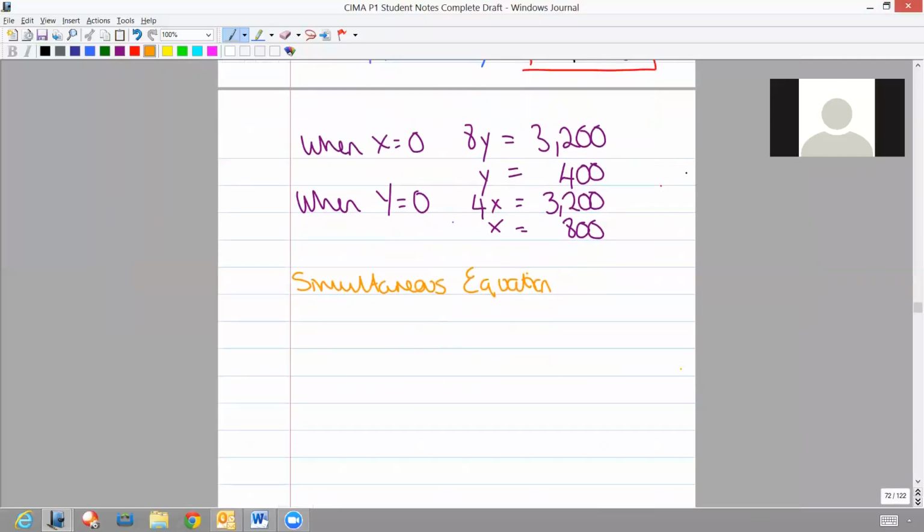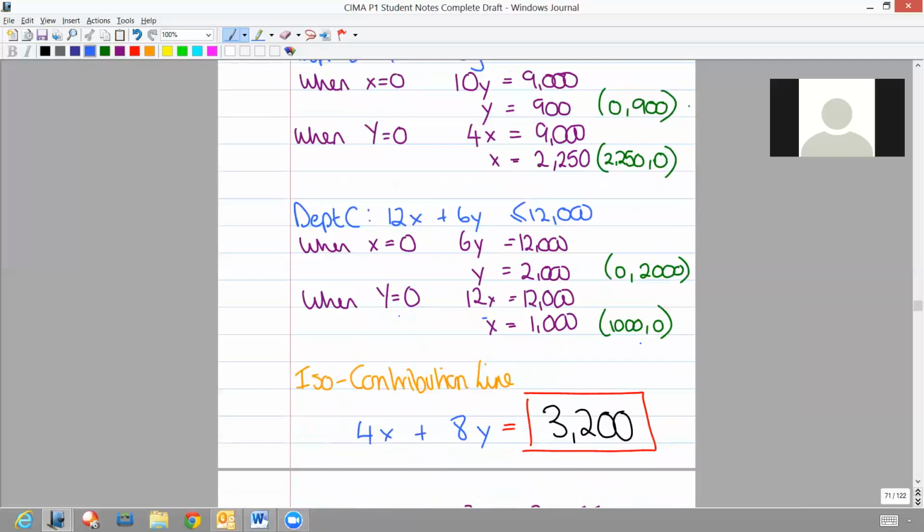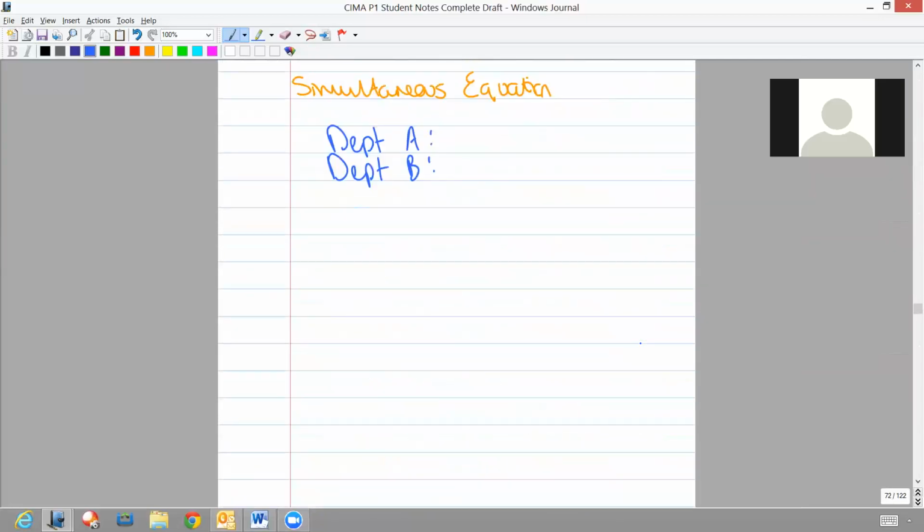So what we're going to do is take the constraints for department A and department B that we formulated back up here. We simply take down our constraints.